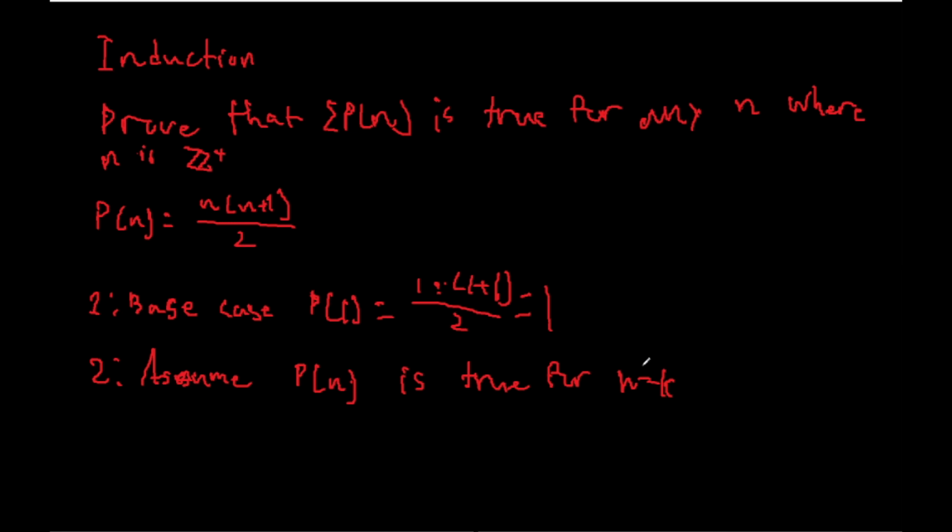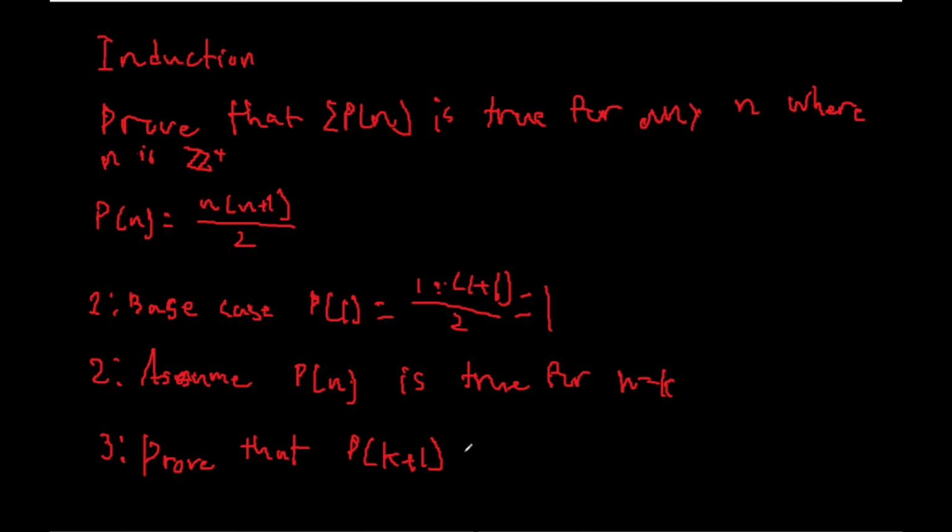And since we proved that it's true for 1, we can move on to step 3, which is to prove that P k plus 1 is true. And the reason that we're doing this, it might be confusing to have n equals k. You're switching the variables. Honestly, I don't think you really need to, but most textbooks and teachers will have you do this just so you can kind of separate them.